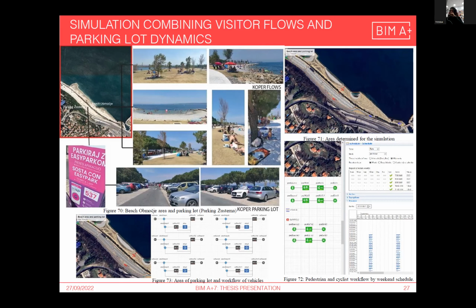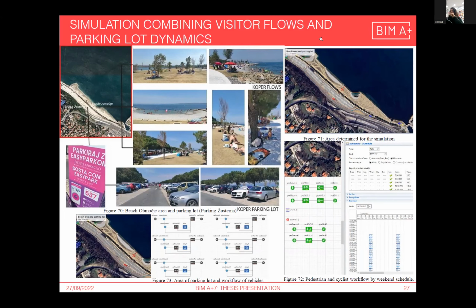So it's possible here to understand the areas of the beaches, how people are using them, additionally the parking lots, and the movement of the cyclists in the area, having different workflows, different results, and establishing the schedule between weekends and weekdays. This is so useful because with all this data, it's possible to understand in a dynamic way how the space is used by visitor flows and establish decisions for future urban planning scenarios.